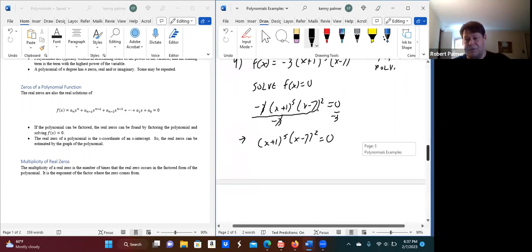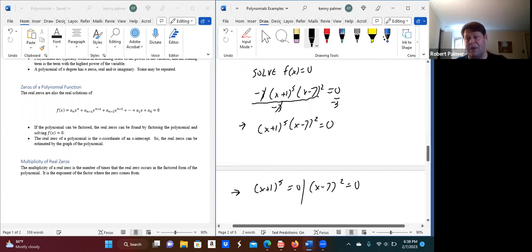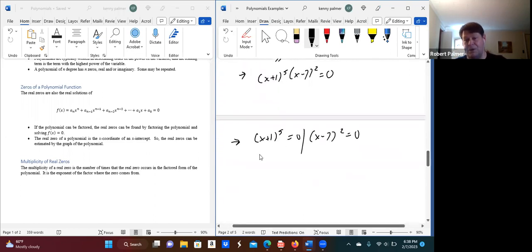Now it's in factored form, so set each factor equal to 0 and solve. That gives us x plus 1 to the 5th equals 0, and x minus 7 squared equals 0. In this case, we can see which values will make each one 0. If x is -1, that'll make this 0, giving us a true statement. And if x equals 7, plug that in, that would make this one 0.